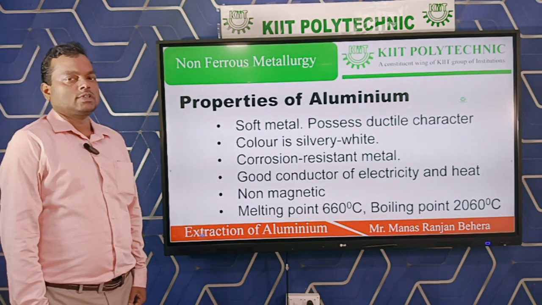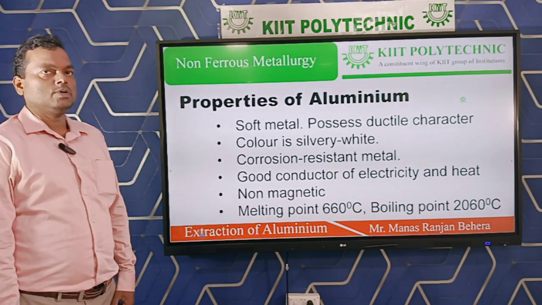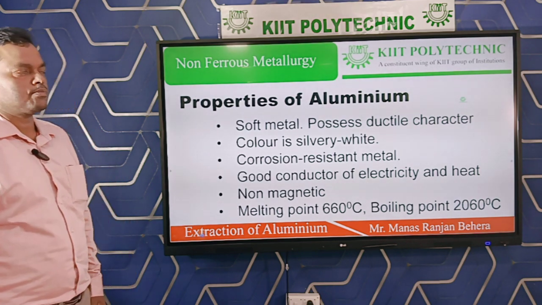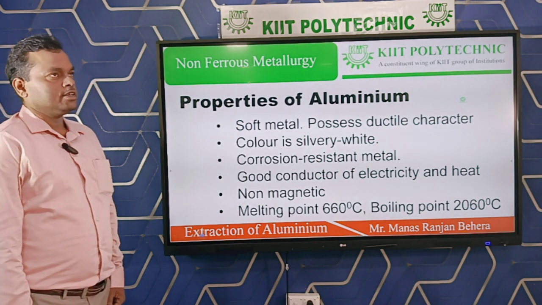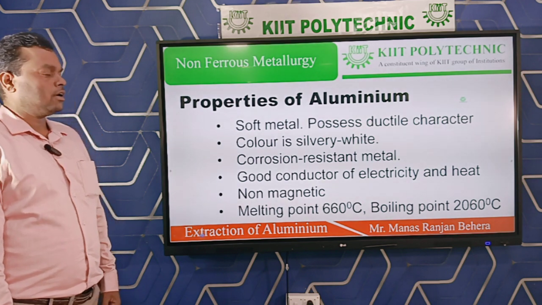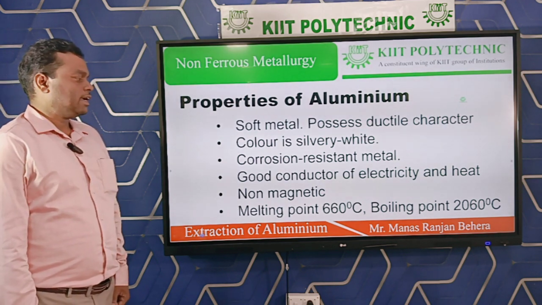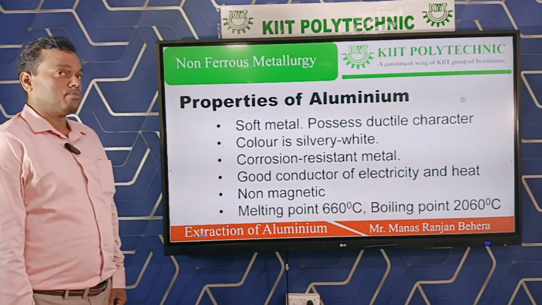Boiling point is 2060 degrees centigrade. The crystal structure of aluminium is FCC, which is known as face centered cubic, and aluminium is a very important metal. Why? Because the strength to weight ratio of aluminium is very high as compared to steel.